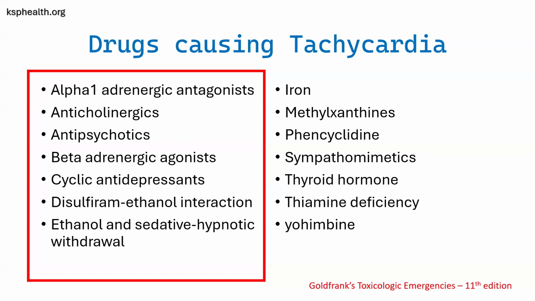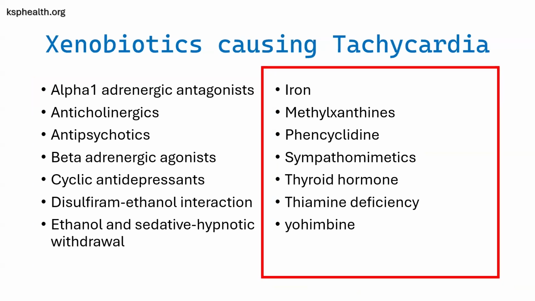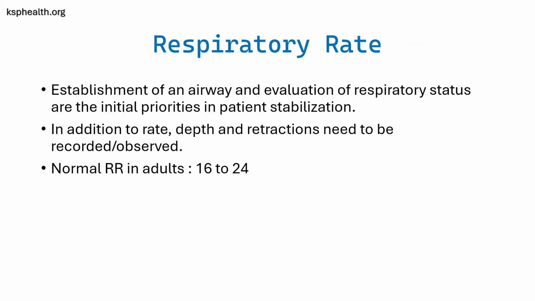The xenobiotics causing tachycardia: alpha-1 adrenergic antagonists, anticholinergics, antipsychotics, beta-adrenergic agonists, cyclic antidepressants, disulfiram ethanol interaction, ethanol and sedative-hypnotic withdrawal, iron, methylxanthines, phencyclidine, sympathomimetics, thyroid hormone, thiamine deficiency, and yohimbine. These can all cause tachycardia.